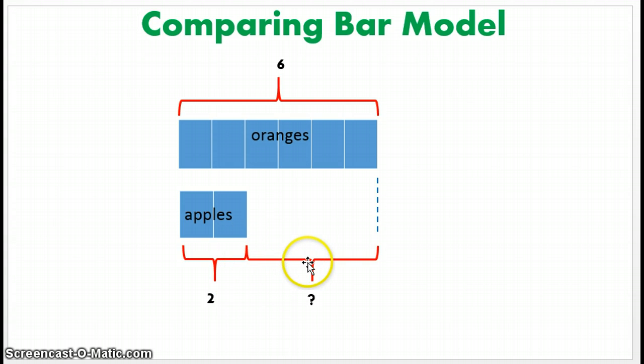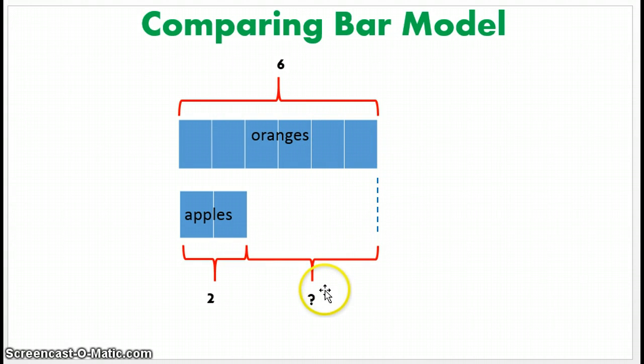Here we have a bracket in an empty space. There is no bar there. However, this bracket is labeling the difference between the oranges and the apples. So here you can clearly see the difference between them is 1, 2, 3, 4.